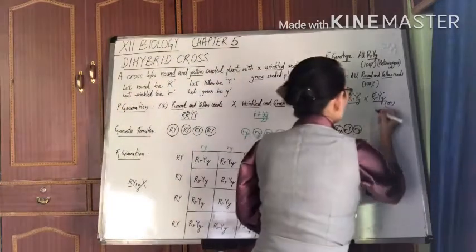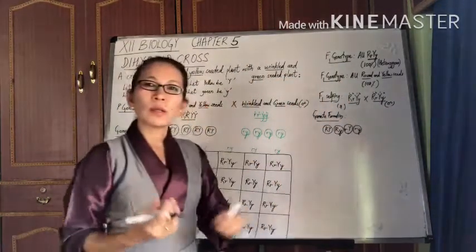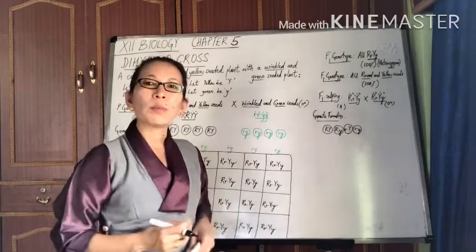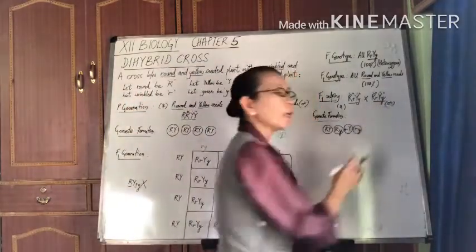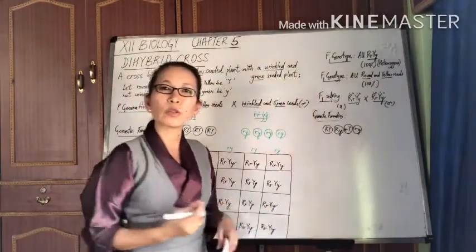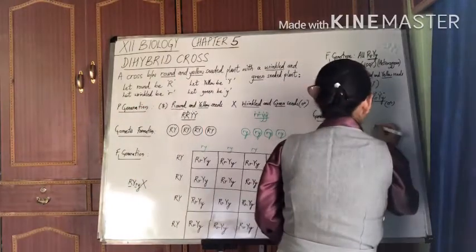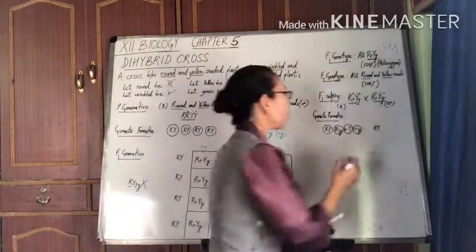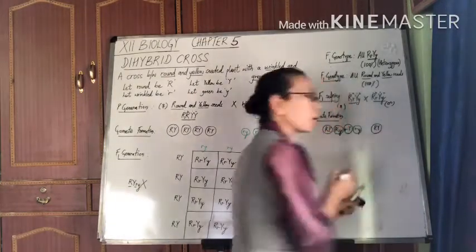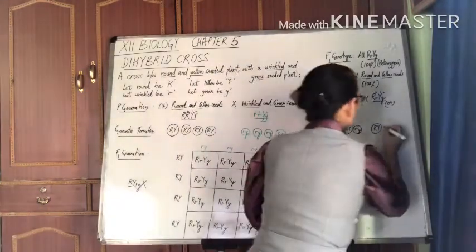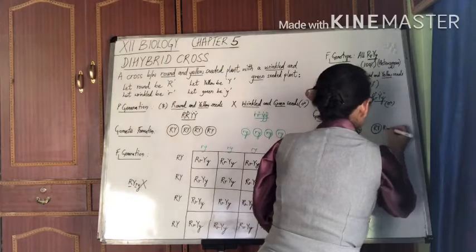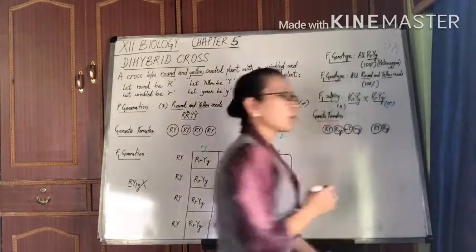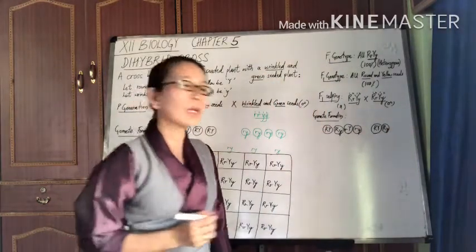Likewise, we can have 4 different types of male gametes produced from this male cell, because it is also heterozygous. First R, first Y, resulting in the RY male gamete. Likewise, first capital R with second Y, which is capital R, small y, is the second male gamete.